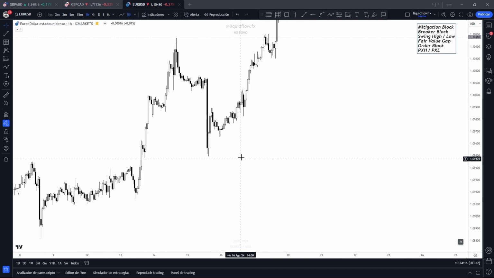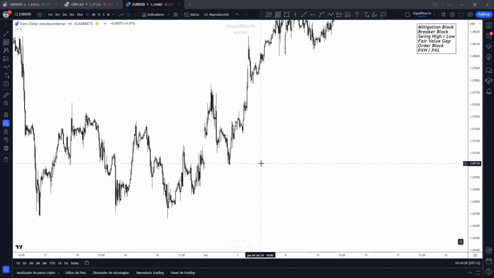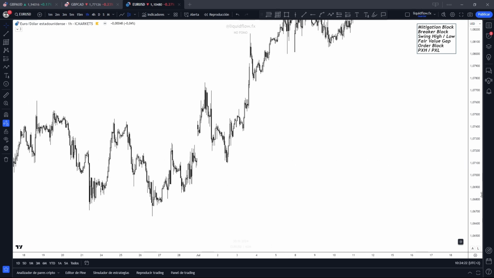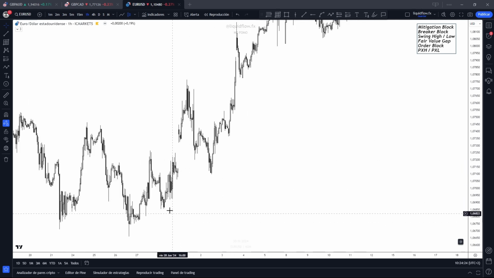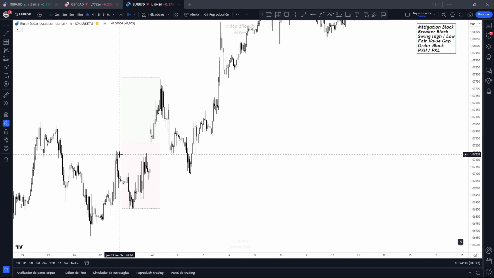Let's find a good example of them. Okay, let's use this one from here. We have a swing low and a swing high. So what do we have here?